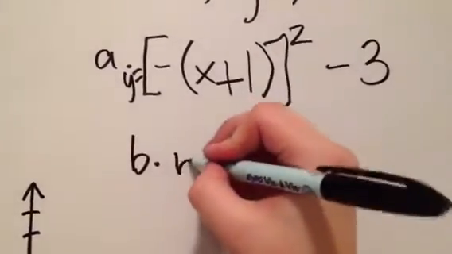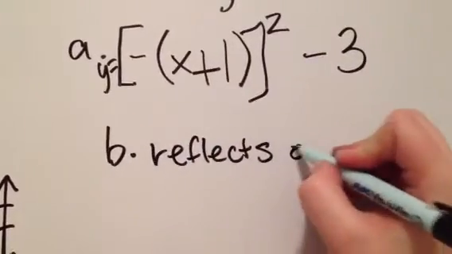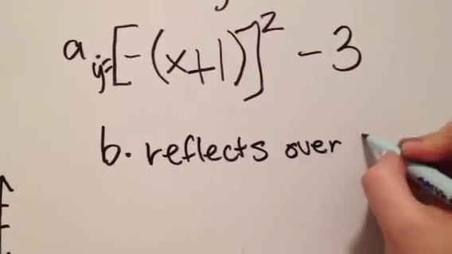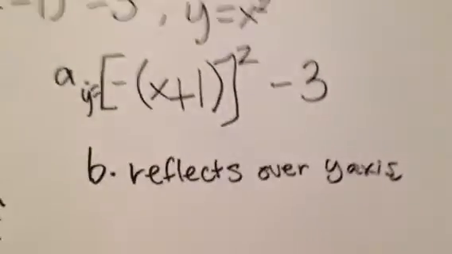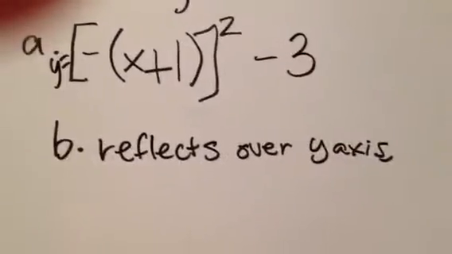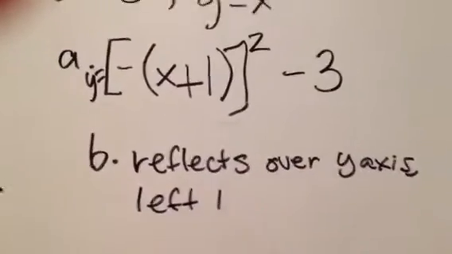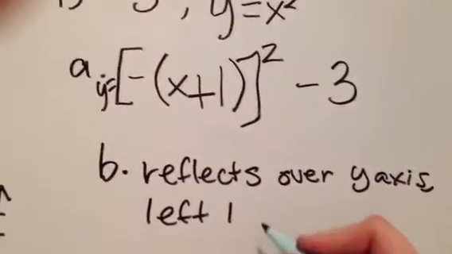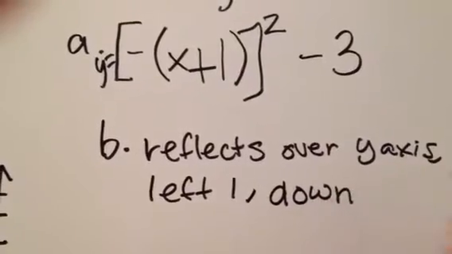And so we're going to write reflects over y-axis. Alright? And for the next thing, because now it's plus 1, that means it's going to go to the left 1. And finally, minus 3 means it's going to go down 3.